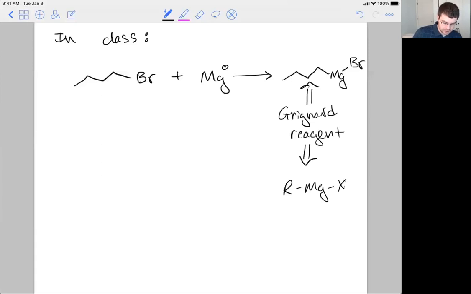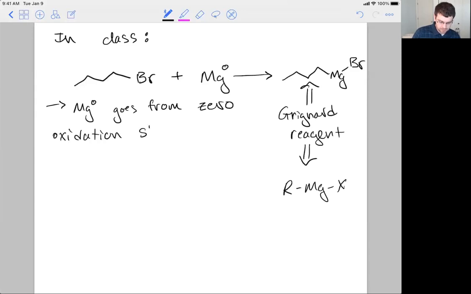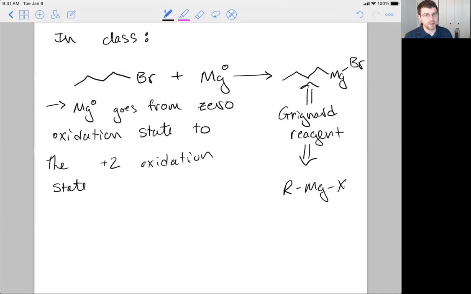What we want to notice about this reaction is that magnesium 0 goes from the 0 oxidation state to the +2 oxidation state. So this is a process that's used a lot in chemistry. It's called oxidative addition.